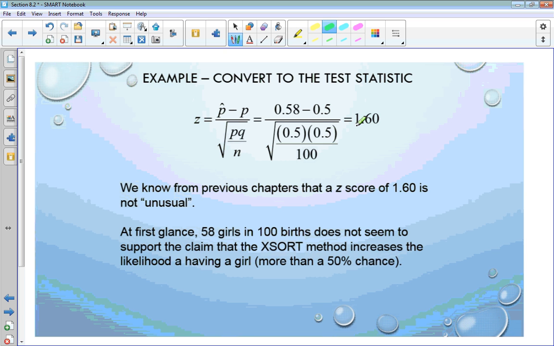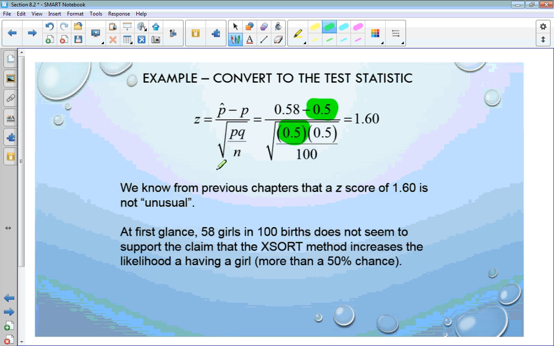We're going to divide that by the square root of, not p hat, but p and q, because this is still p, and of course q is 1 minus p. And we do that multiplication, divide by the number in our sample, which was 100, and we come out with a Z of 1.60.